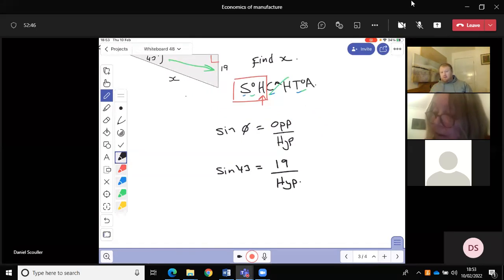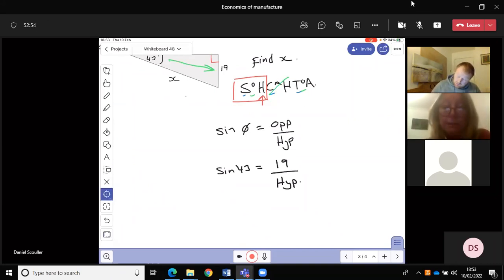This is a wee bit of a trickier manipulation or transformation. That hypotenuse is currently the denominator. Now we want to find the hypotenuse, so we want that on its own on one of the sides.